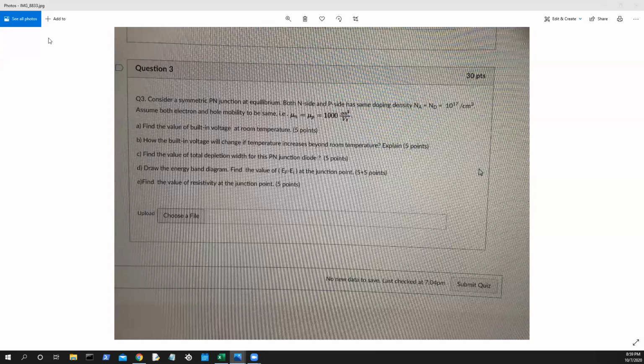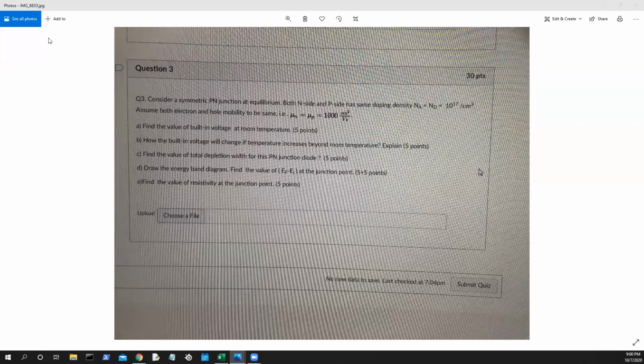It's 10 to the 17th squared because Na times Nd, if they're the same value, is simply squaring it. 10 to the 17th squared is 17 times 2, so you get 10 to the 34th divided by 10 to the 20th, which yields 10 to the 14th. So your ln of 10 to the 14th is 32 point something, and then you multiply that by 0.026.